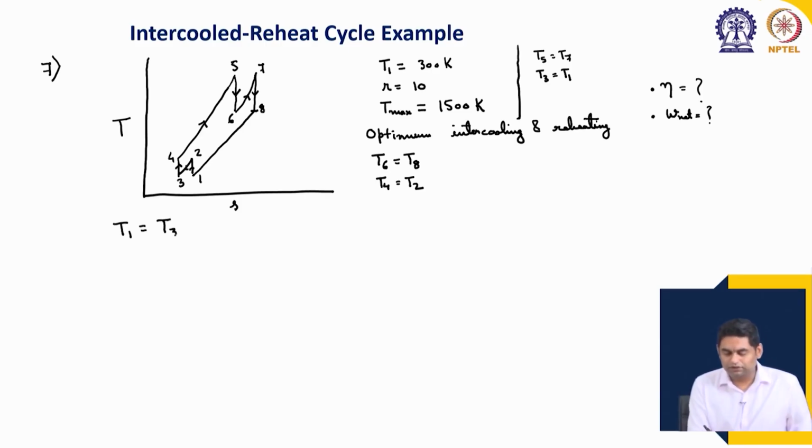So, this is equal to 300 Kelvin. What else is known? T 5 is equal to T 7 is equal to the maximum temperature or the turbine inlet temperature, which is 1500 Kelvin. Then T 4 is equal to T 2.